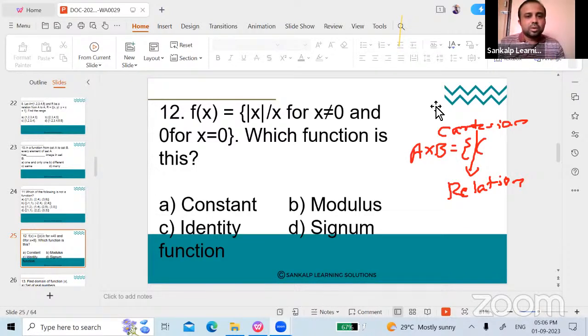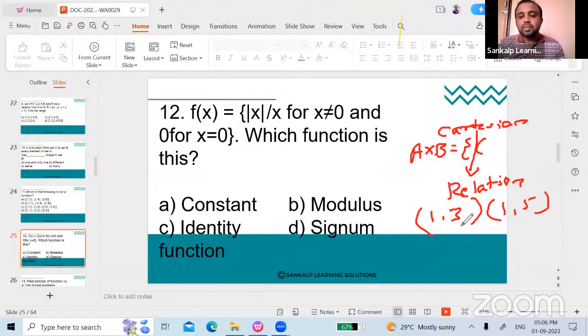Now, by applying certain conditions there, the relation came into existence. Relation in the sense what? An element makes a group with some other elements. For example, from set A, if 1, 2, 3 are there, and from set B, 2, 3, 4, 5, 6 are there. Then a condition can exist that the elements of group A can combine with the odd numbers of group B. In that case, 1 will combine with 3 and 1 will combine with 5, because among the elements 2, 3, 4, 5, only 3 and 5 are odd numbers.